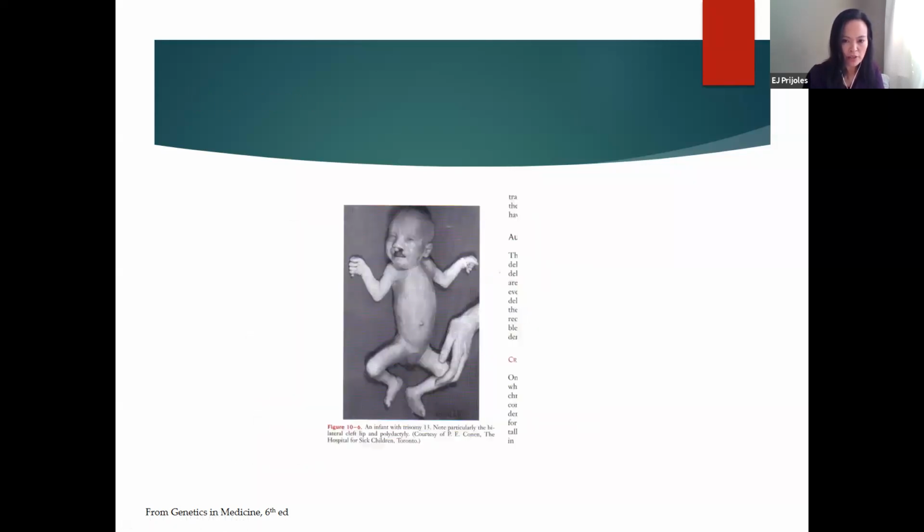And then trisomy 13. Oftentimes I think about congenital anomalies, including midline defects that can include cleft lip and palate, holoprosencephaly, polydactyly, oftentimes post-axial, meaning on the pinky side.